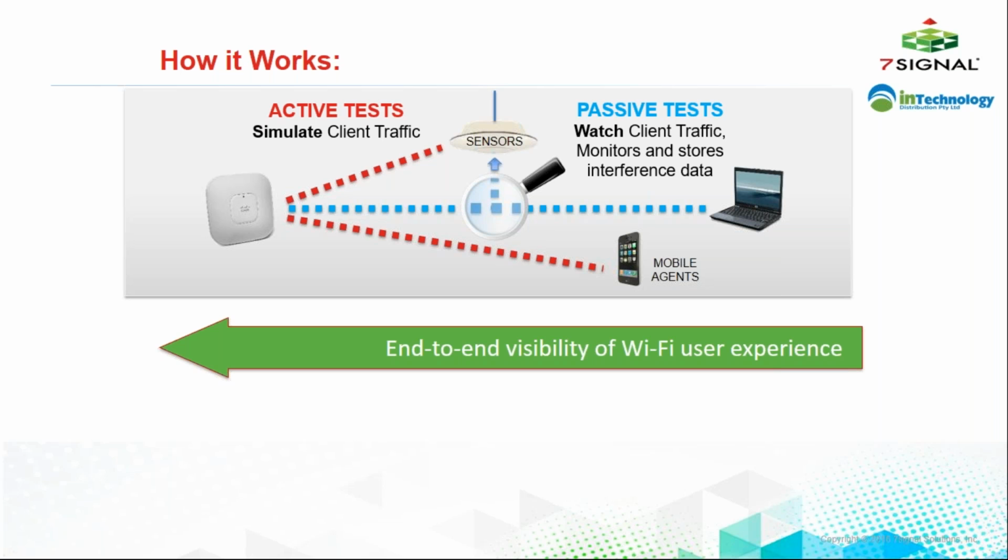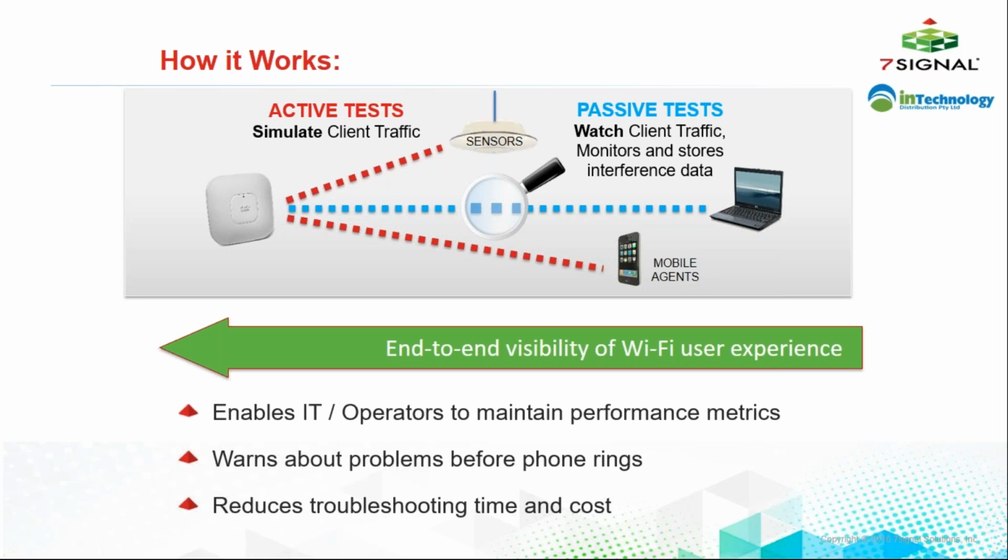So when you take both sides of the equation, the clean air side plus the active tests, now you have end-to-end visibility of the Wi-Fi experience. This allows us to have the complete picture, and because we have it, we can alarm and alert and warn IT administrators about problems before the phone rings. Obviously, this saves a ton of time and money.